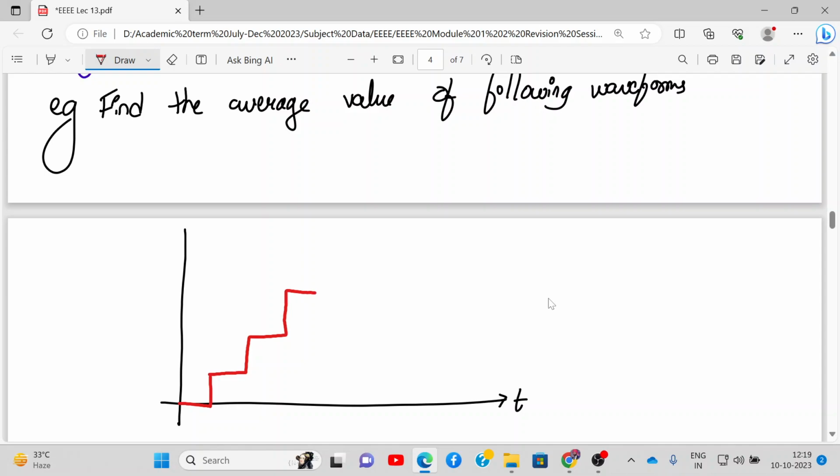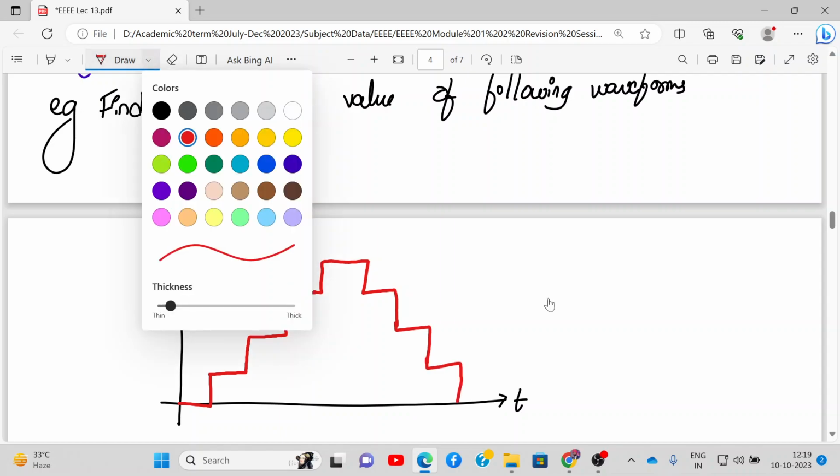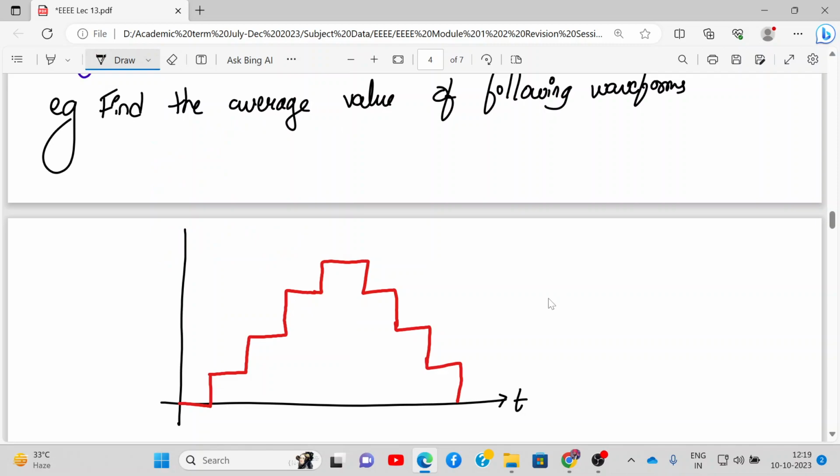Let me mark the time instants as 1, 2, 3, 4, 5, 6, 7 and 8, and this is 0.